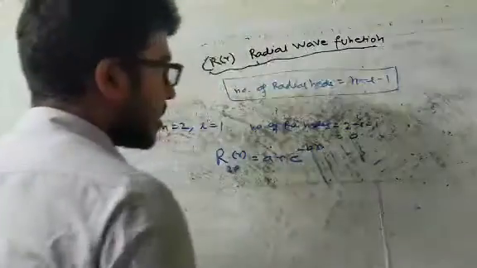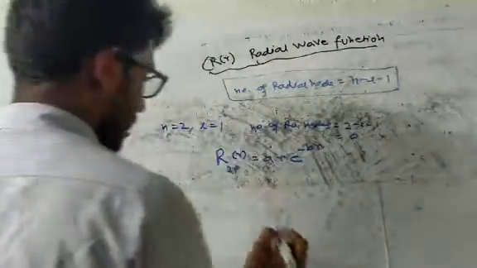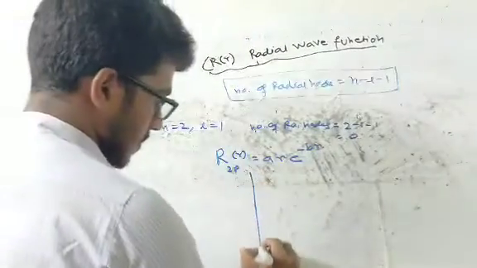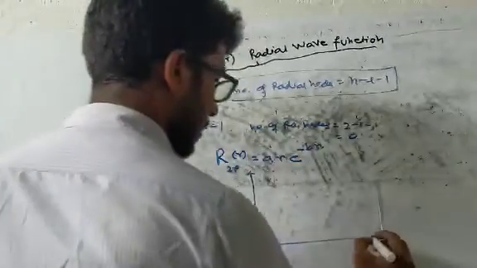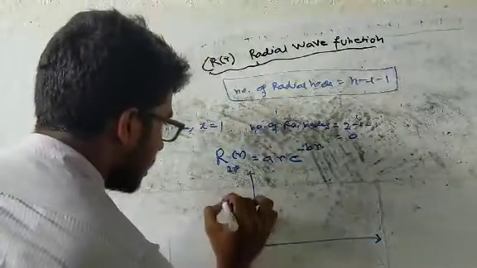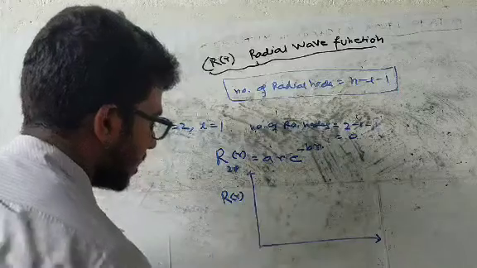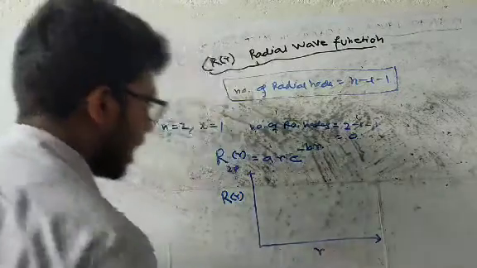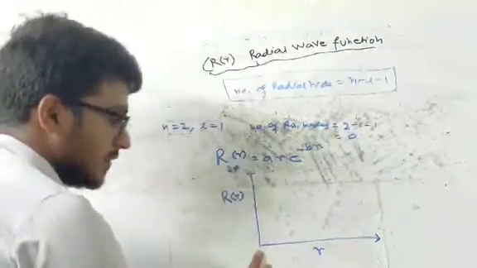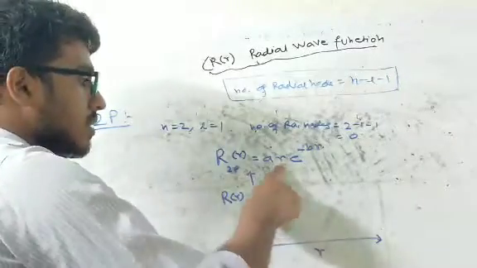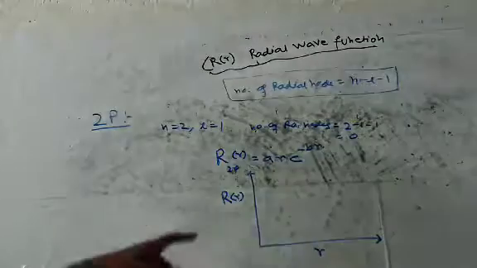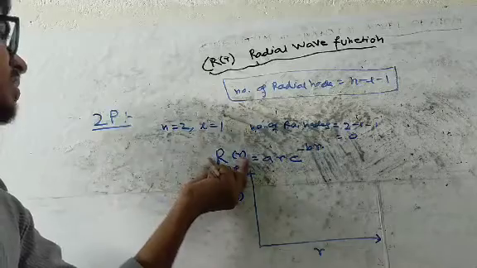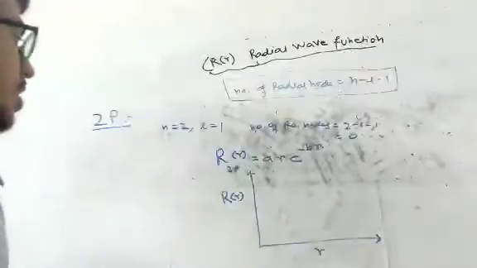So what should my graph be? My graph should look like this. In this direction I am taking R(r), and in this direction I am taking r. Here the value of r equals 0, and if you put r equals 0, the R(r) value equals 0. So the radial wave function at the origin equals 0.